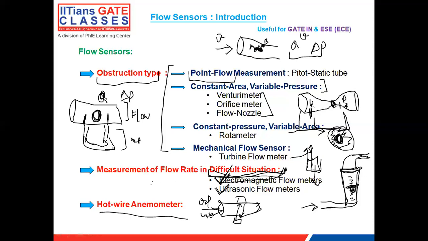Another setup is a turbine, where we place a turbine or something like that. There will be some blades, right? You decide one point, and count how many times the blade crosses this point in a particular time. So you can get the frequency.